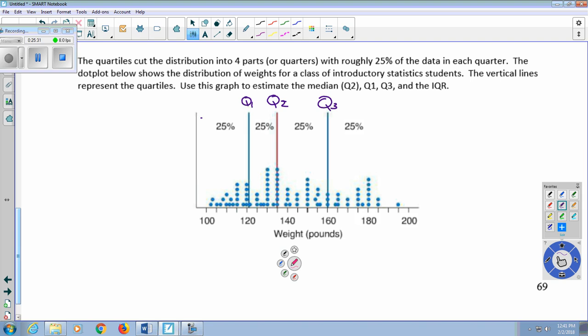If we were to calculate our IQR here, we would need to know Q3, which looks to be about 160, and Q1, which maybe is 121. I'm estimating off the graph. And that comes out to be 39 pounds.